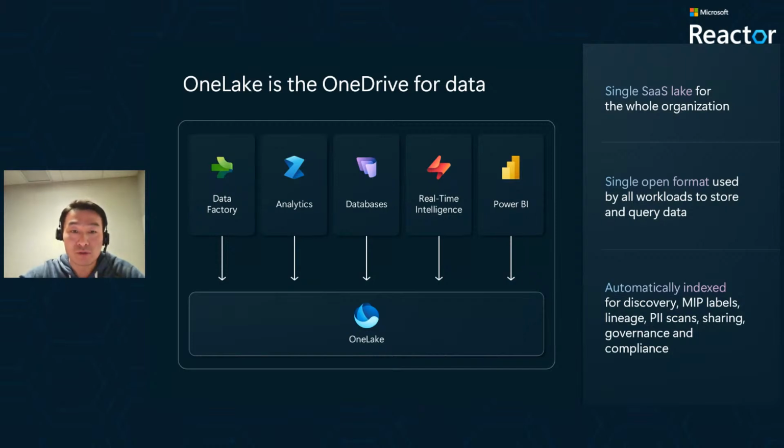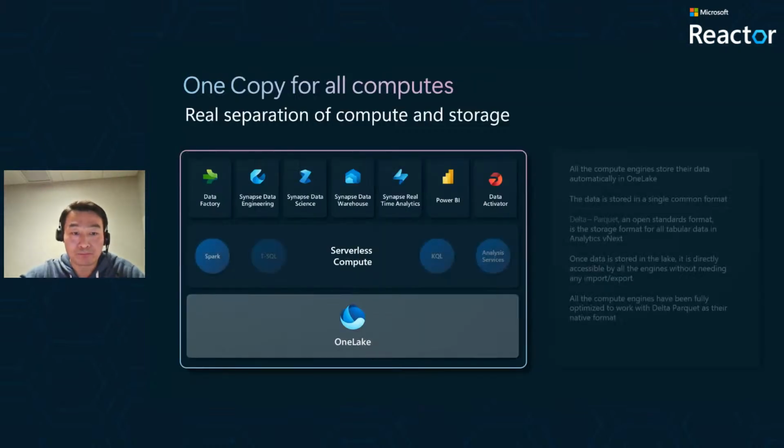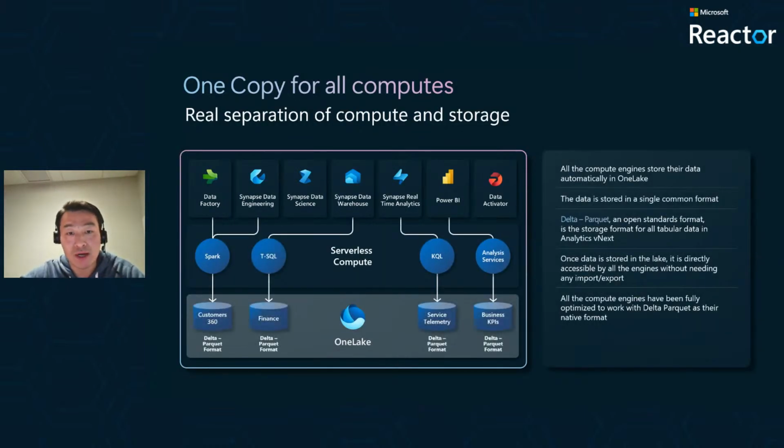Moving to the next slide, as many of you have already noticed even from the previous slide, OneLake enables seamless data access across multiple different workloads, right? This also means that you don't need to move or duplicate data between workloads.